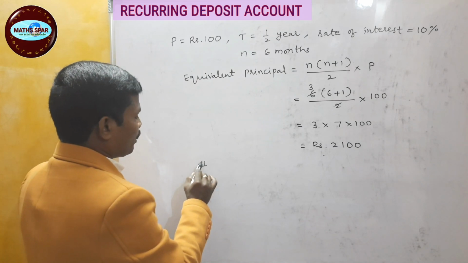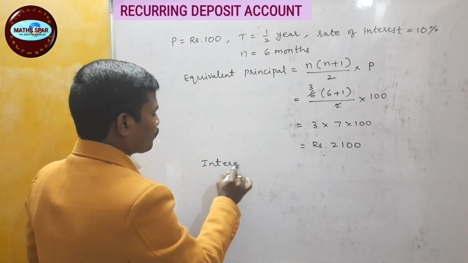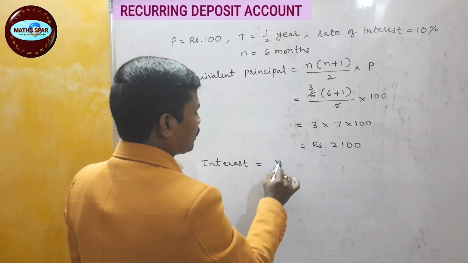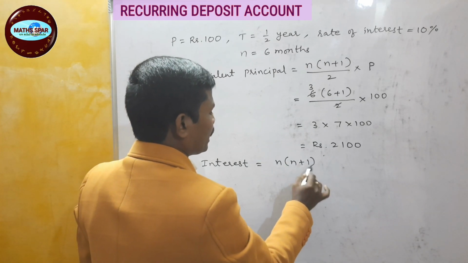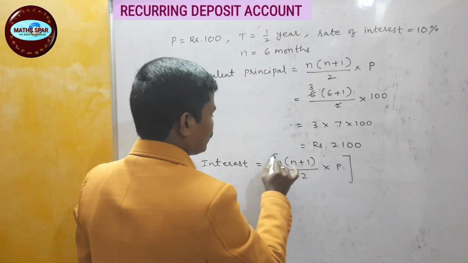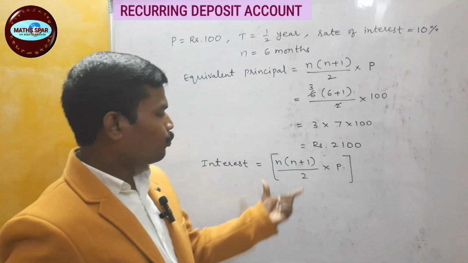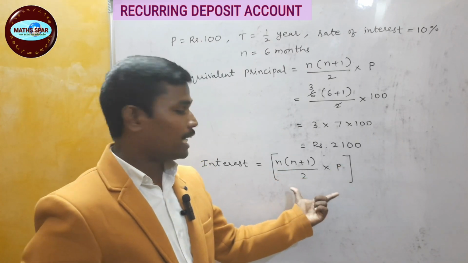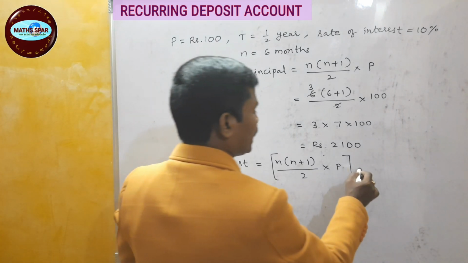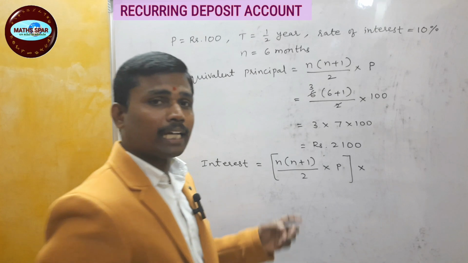Then how are we going to calculate the interest? So interest will be found on equivalent principal. Equivalent principal is n into n plus 1 by 2 into P, which is totally considered as principal because on this we are finding the interest. PTR by 100.